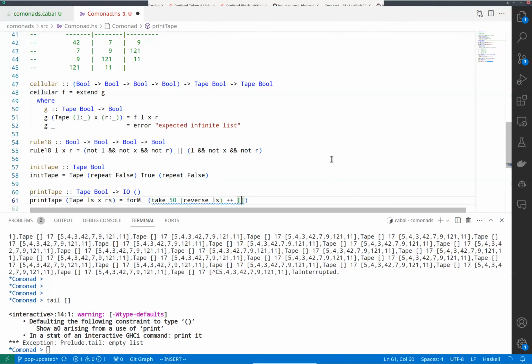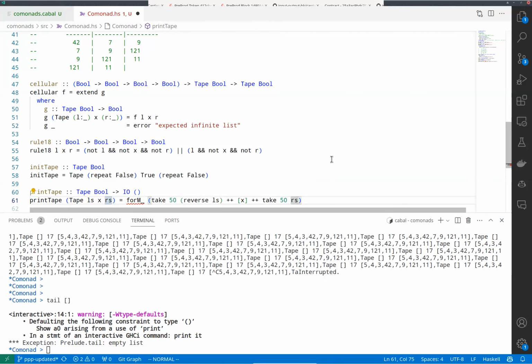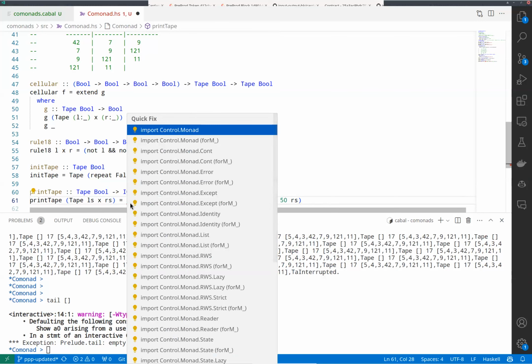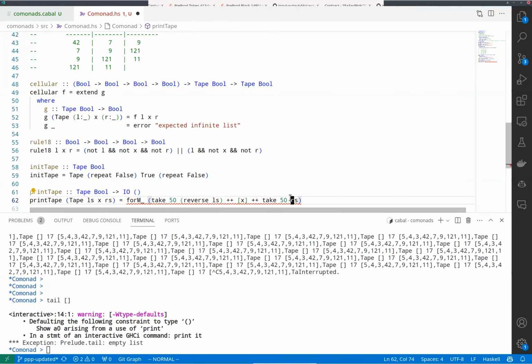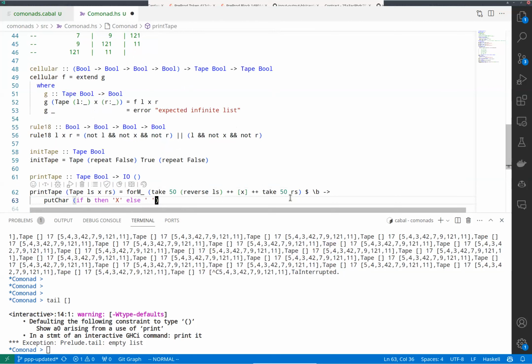Then I take the one in the center and 50 on the right. Must import forM, and I put a character, or let's put a dot.